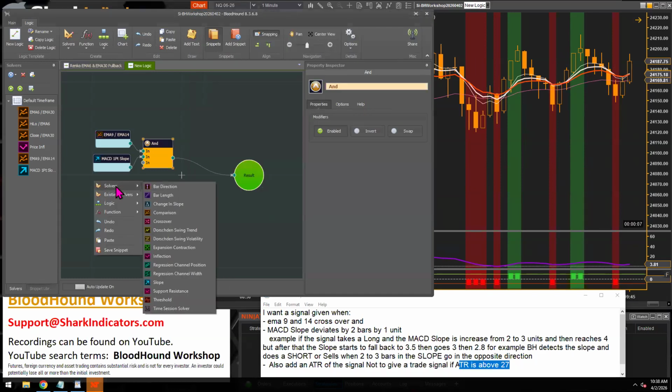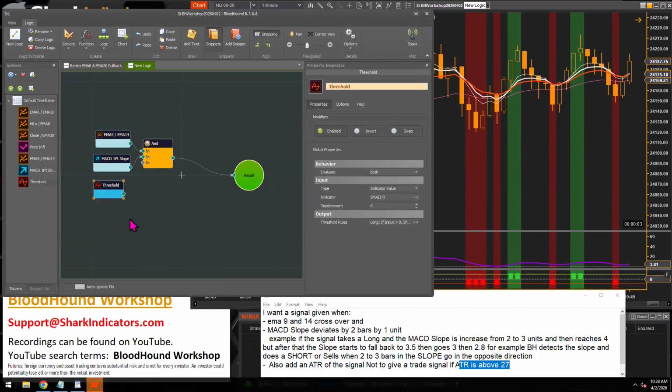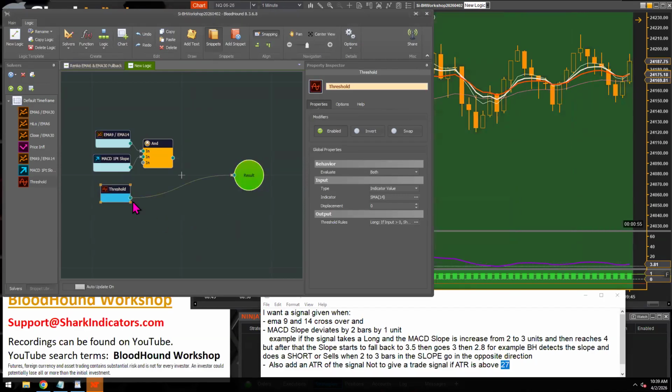So that is going to be a job for the threshold solver, right? 27 is our threshold level for the ATR. I'm going to leave the ATR off the chart here. We'll just trust that it's working correctly.